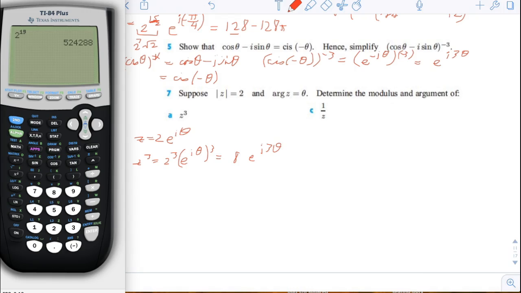1 over z. 1 over z is the same thing as z to the negative 1. So we could say z equals 2 e to the i theta. z to the negative 1 is equal to 2 to the negative 1 e to the i theta to the negative 1, which is equal to 1/2 e to the negative i theta.